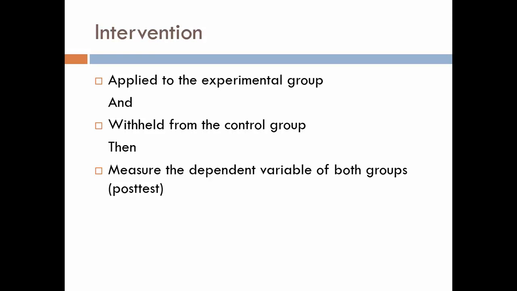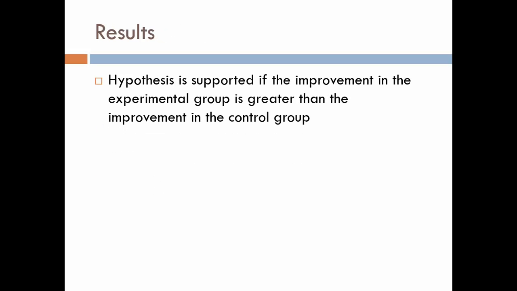So what usually happens in research is the control group would be put on a waiting list, and then after the study, after 6 weeks, they would get their therapy. After the experimental group is done with the therapy, we want to measure the dependent variable in both groups again. That's our post-test. So we'll go ahead and give everybody the anxiety scale and see where they are.